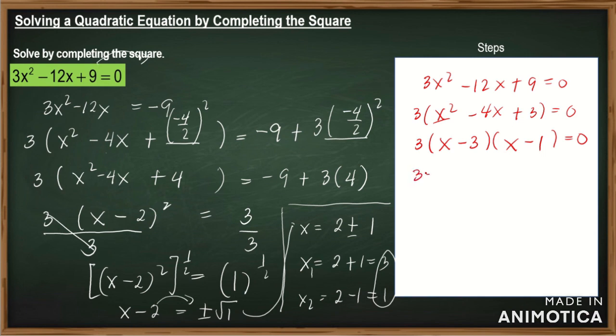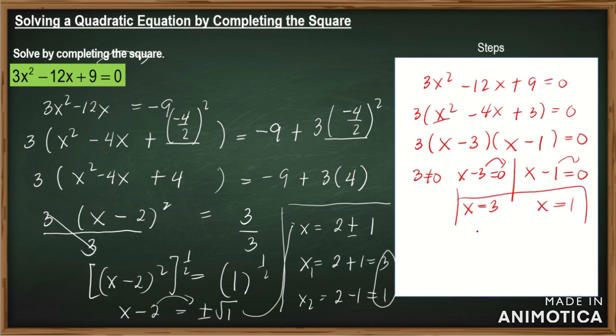We have 3 is not equal to 0 because, again, 3 will only describe how narrow or wide the graph is, and that will be discussed in quadratic functions. Then we have here x minus 3 equals 0, applying the zero product property. So, you also have x minus 1 equals 0 here. Transpose and then transpose. So, we have here x is equal to 3 and x equals 1.